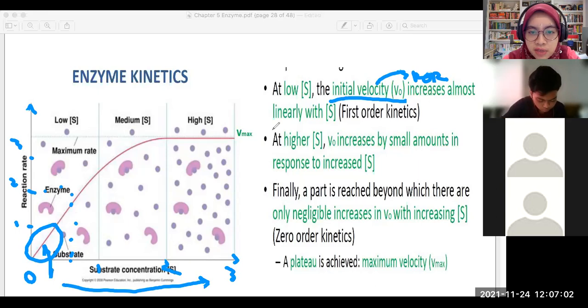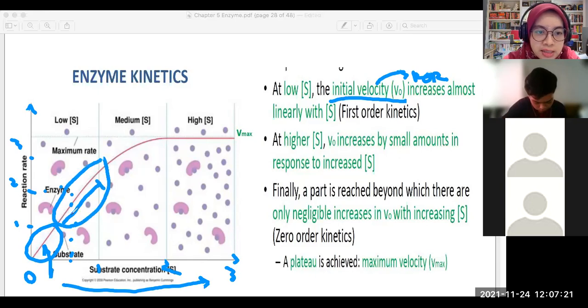For the second sentence, at higher substrate concentration, velocity increases by small amounts in response to increased substrate. Now that we have increased substrate concentration, we are in this area. As you can see, the relation is not so linear compared to the earlier one. This means that although the substrate concentration is increasing, the rate of reaction is not significantly increasing.